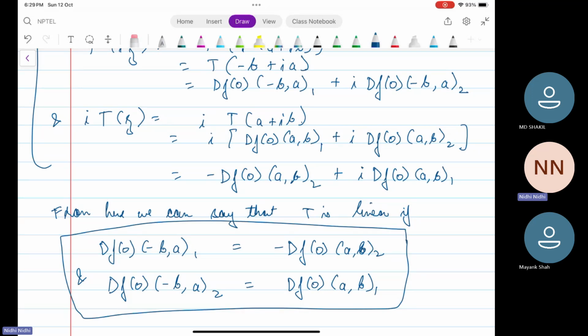These two conditions should be satisfied in order to make the map T complex linear.